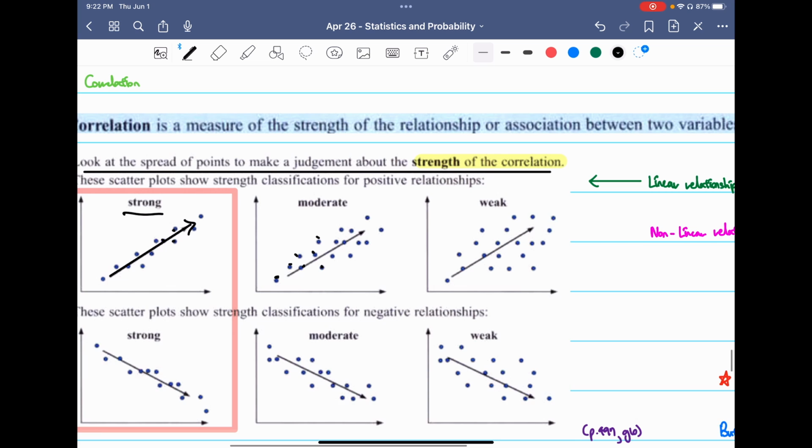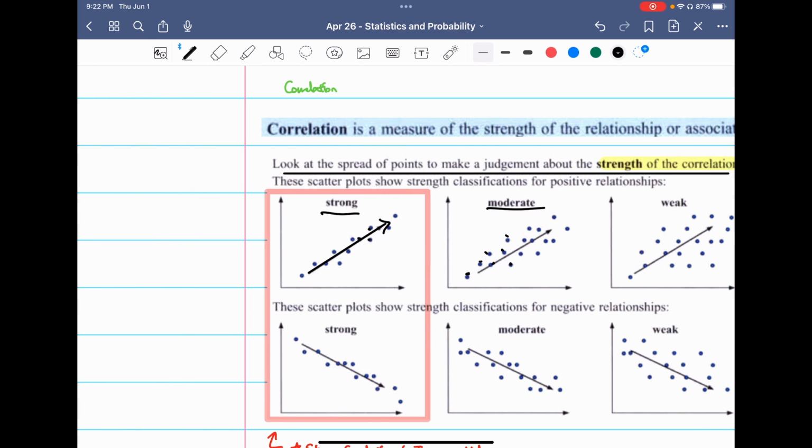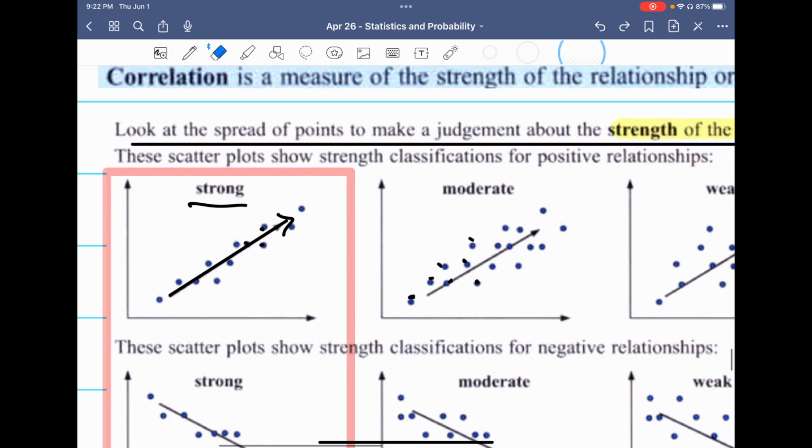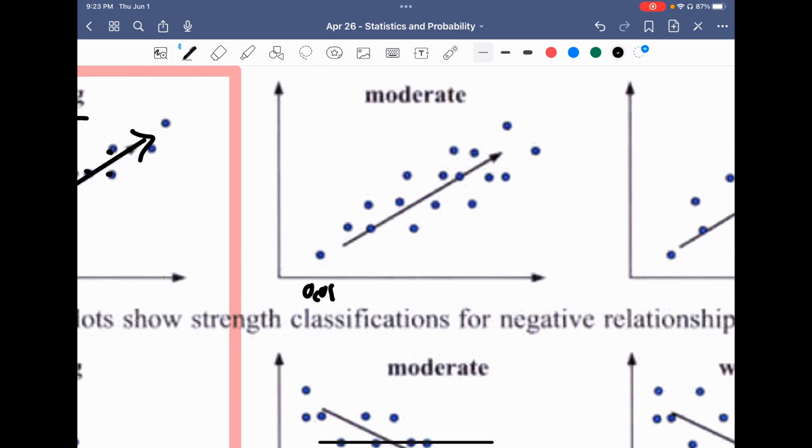Now, some people ask, to what extent is it moderate and strong? How do we define the difference? Well, the short answer is you can't. It's your standard. If you feel like there's a really good correlation, you just say strong. Maybe the data set is like 0.01 centimeter, and that's not a big difference.